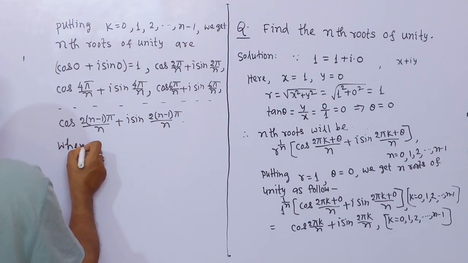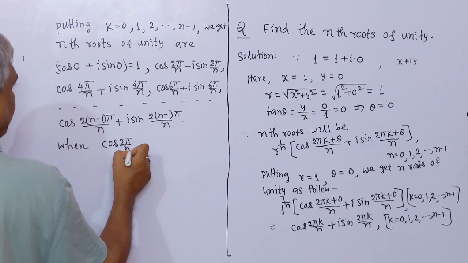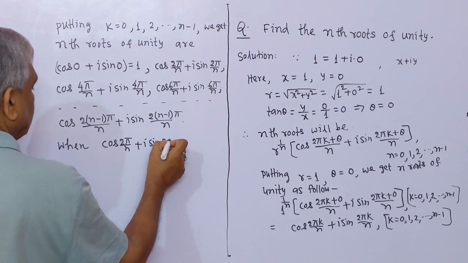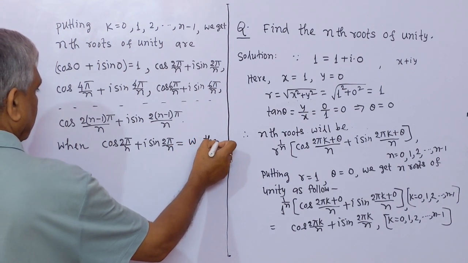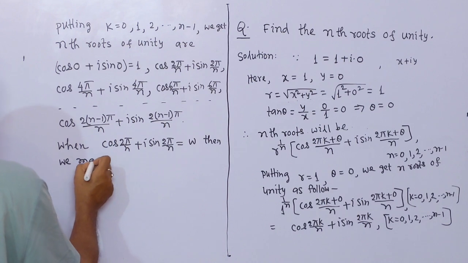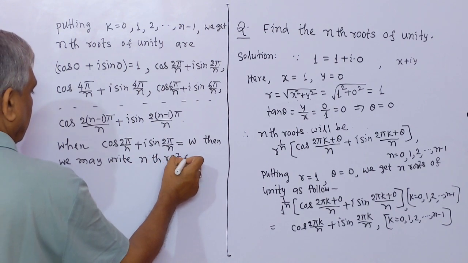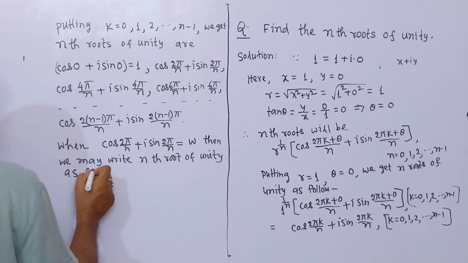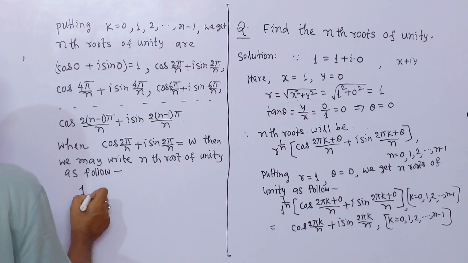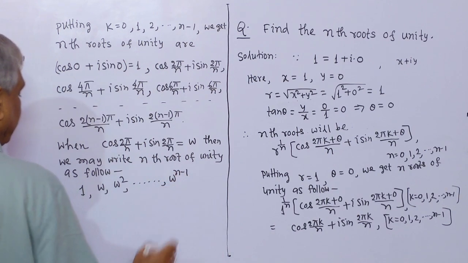When cos 2 pi by n plus i sin 2 pi by n equals omega, then we may write the nth roots of unity as follows: 1, omega square, up to omega to the power n minus 1.